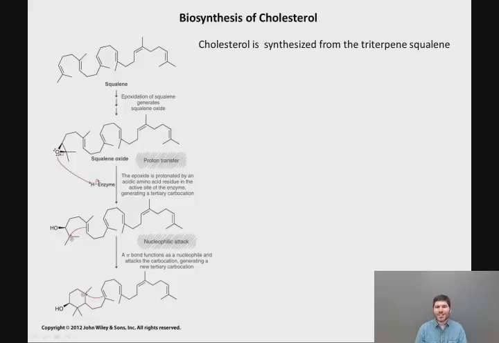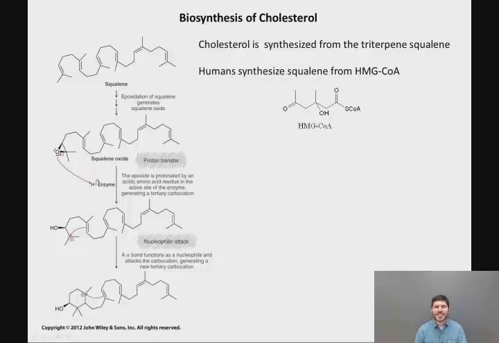So cholesterol is actually synthesized from a molecule called squalene, which is a triterpene. It's a 30-carbon terpene, and it's all carbons and hydrogens. Now, as you are aware, terpenes are made from plants. Humans do not actually synthesize terpenes, except for squalene, which is used to make cholesterol.